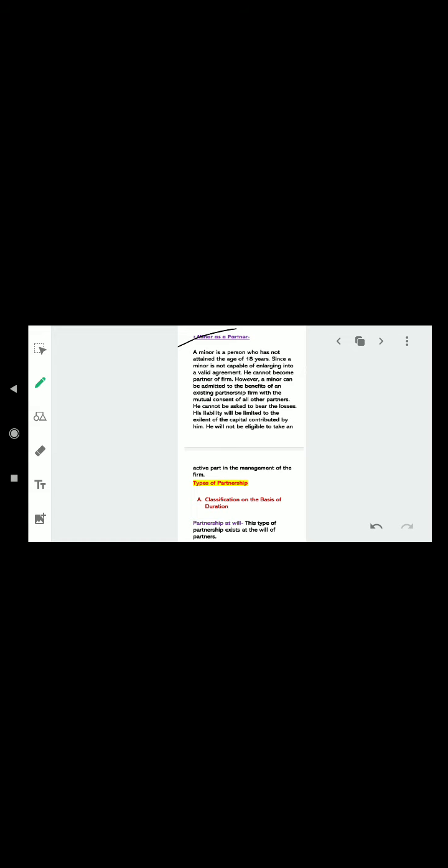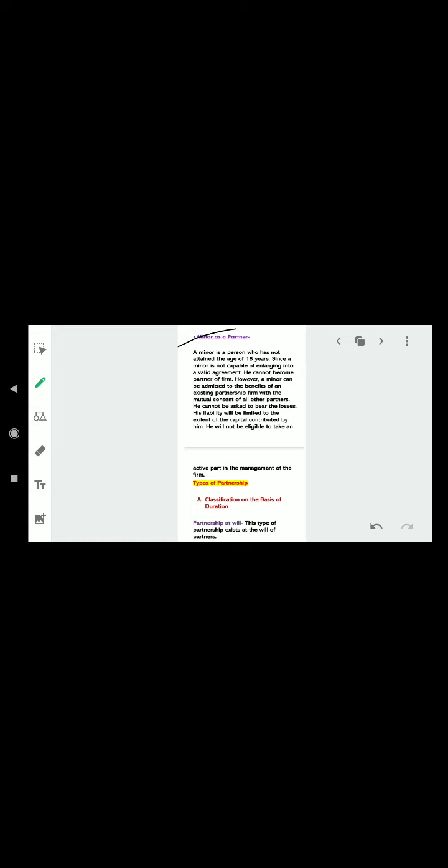Since he is a minor, he is not capable of entering into a valid agreement, and he cannot become a partner of the firm. However, a minor can be admitted to the benefits of an existing partnership firm with the mutual consent of all other partners, and he cannot be asked to bear the losses.